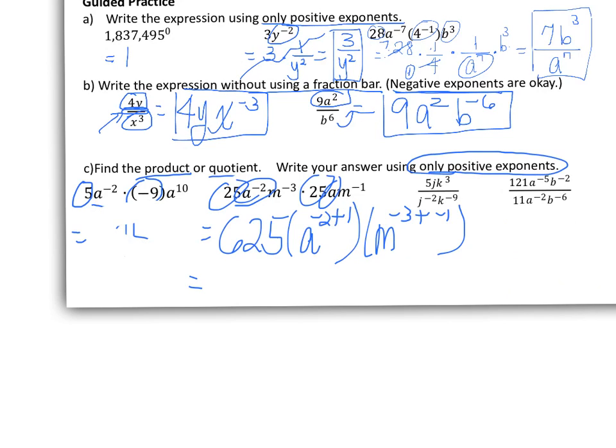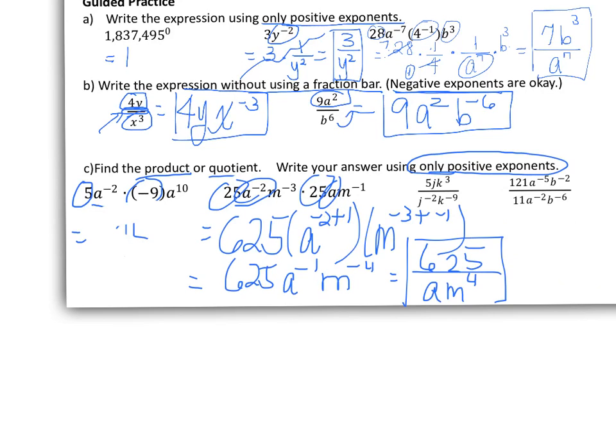And then I would get 625 a to the -1 power multiplied by m to the -4 power. Now I have negative powers. I need to make them positive, so I need to move them to the bottom. a to the 1st power, m to the 4th power. And this is your answer. Okay, and let's do the next problem.